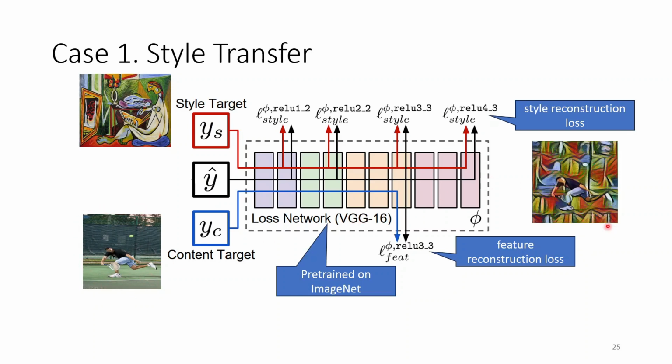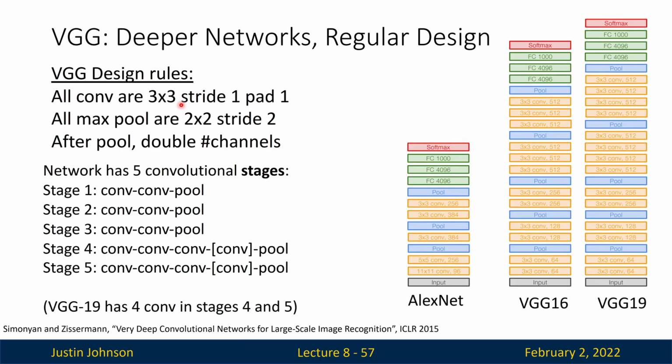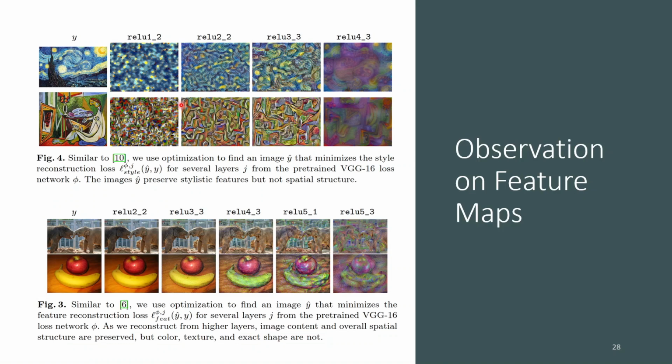So the result was like that. You can still see the shape of the tennis player, but you see a lot of patterns or textures from the style target. Okay. So how to do it? They have to observe which layer will generate the results they want. So it means they have to go through all layers using their eyes to see, from this layer, okay, I see it preserves the features I want.